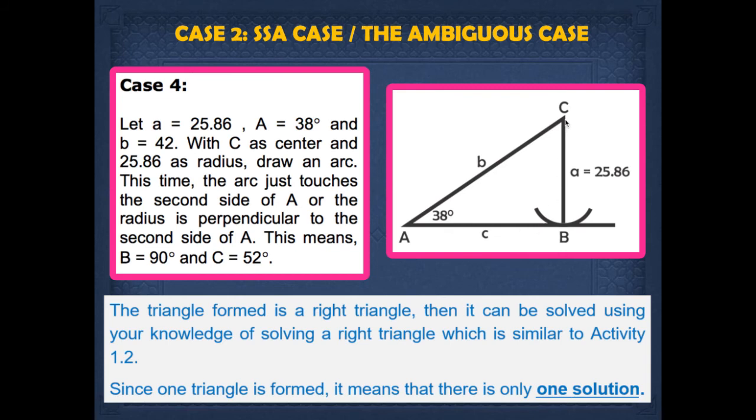Since this is a right triangle, you can solve this using your Pythagorean theorem or SOHCAHTOA. Now also here in this case, since one triangle is formed, it means that there will be one solution in this case.